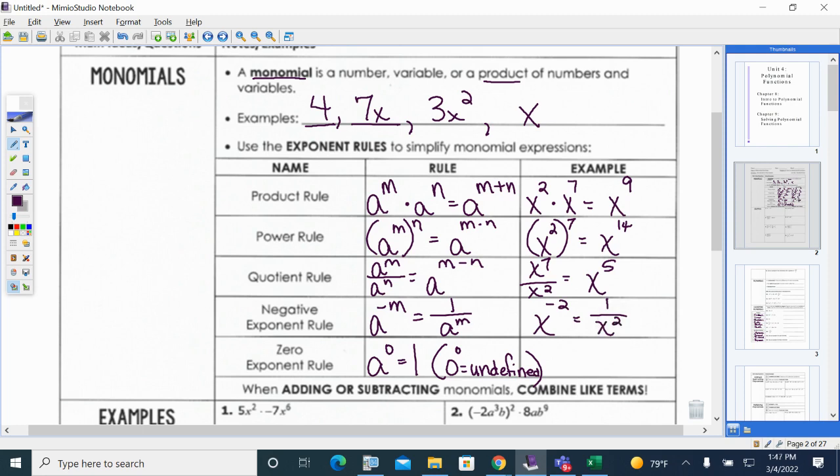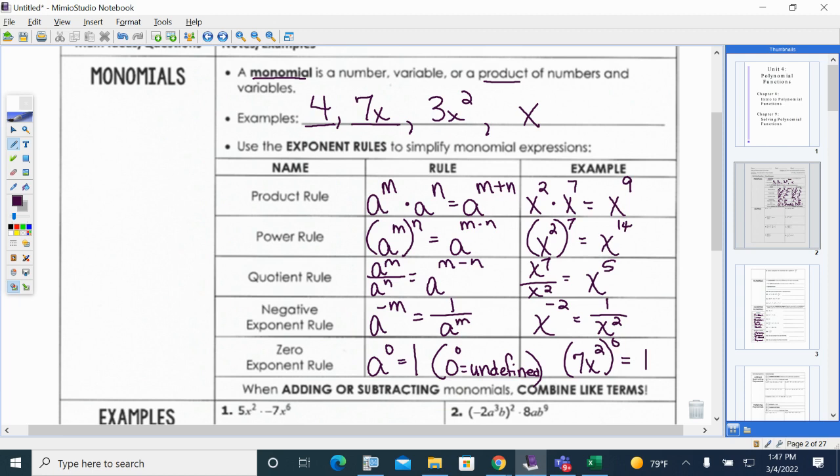And then you've got your 0 exponent rule. A to the 0 power is always 1. If you have 0 to the 0 power, it is undefined. So for example, if I had 7x squared raised to the 0 power, that's going to be 1 as long as x does not equal 0.